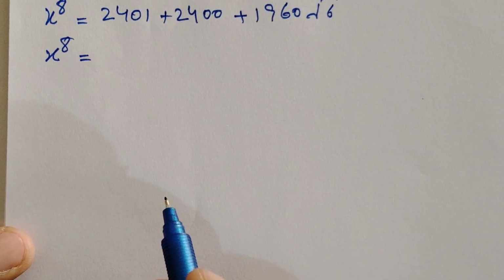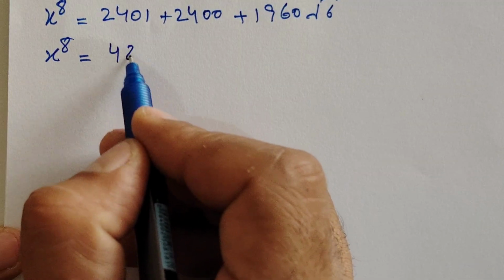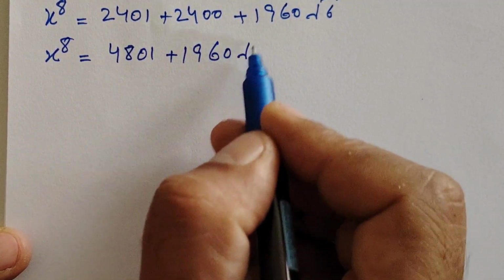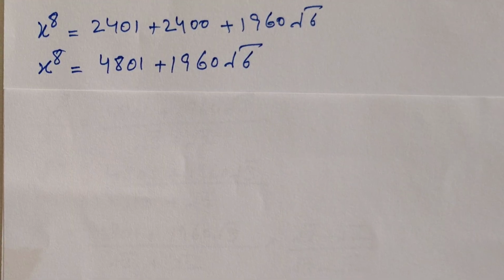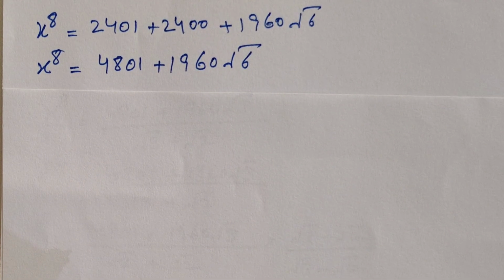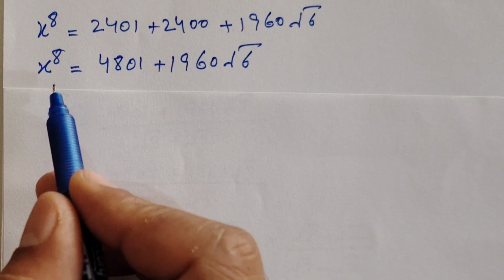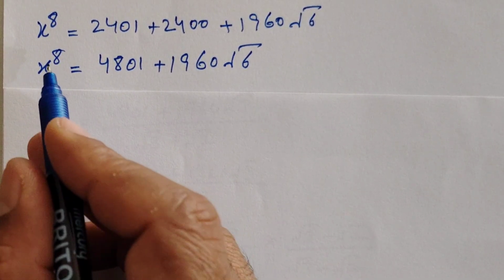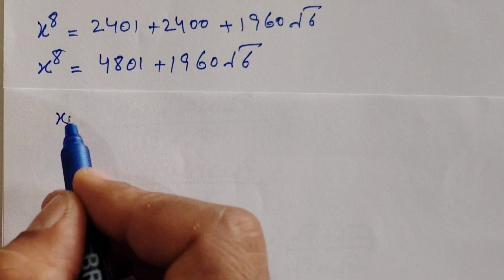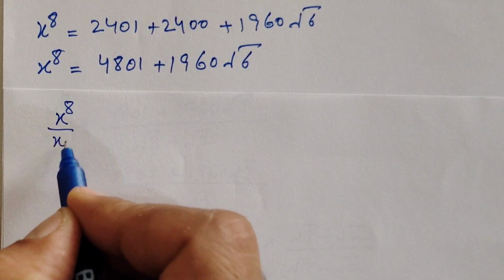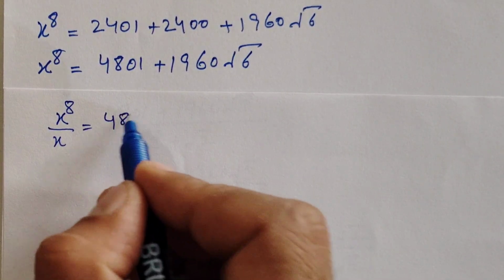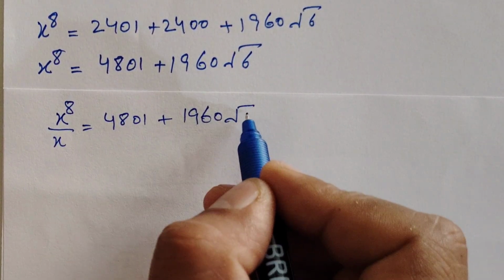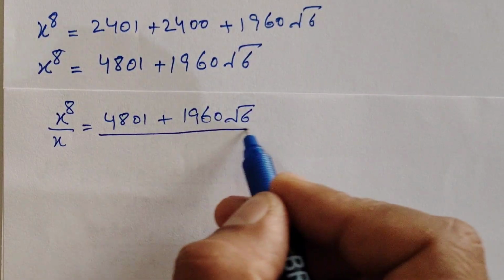X8 is equal to 4801 plus 1960 square root of 6. As we want to get the value of x power 7, to get this value we need to divide this equation by x. X power 8 divided by x is equal to 4801 plus 1960 square root of 6 divided by x.